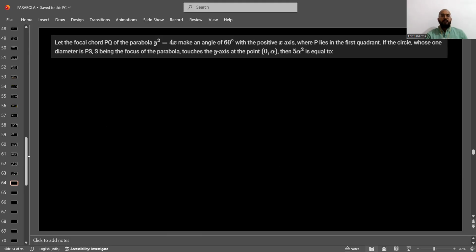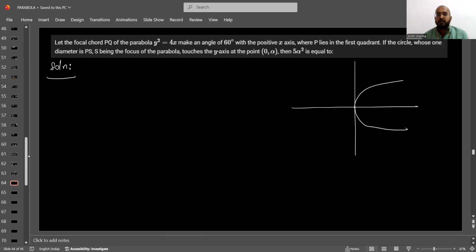Now have a look at this problem. We are saying here, let the focal chord PQ of the parabola y square equal to 4x make an angle 60° with the positive x-axis, where P lies in the first quadrant. I have a parabola here, and they are saying that this is my focal chord PQ.